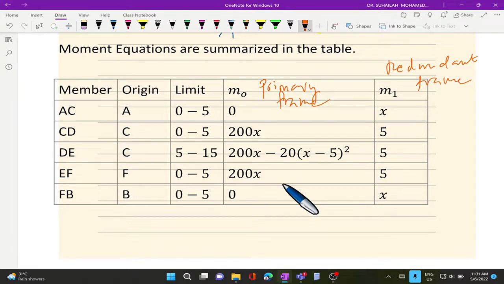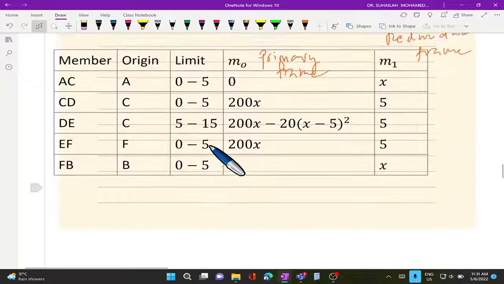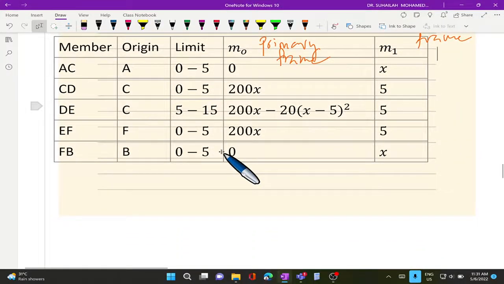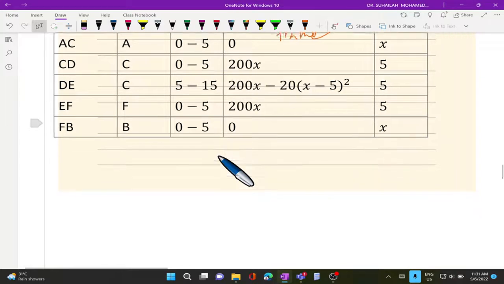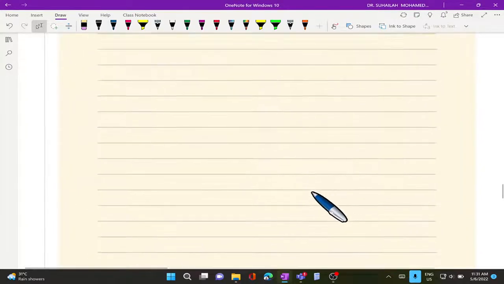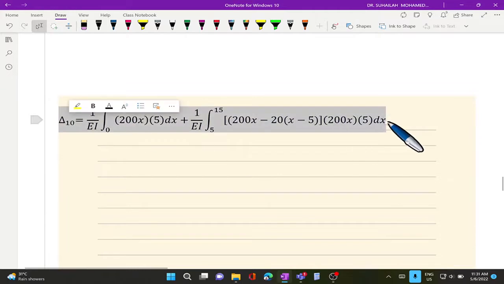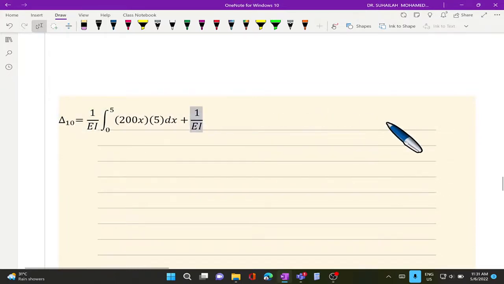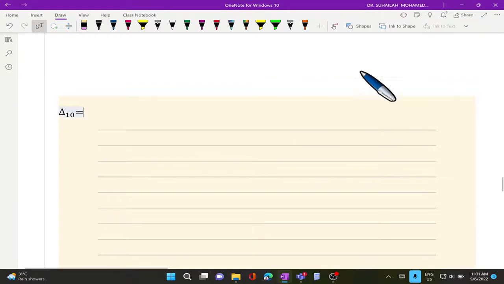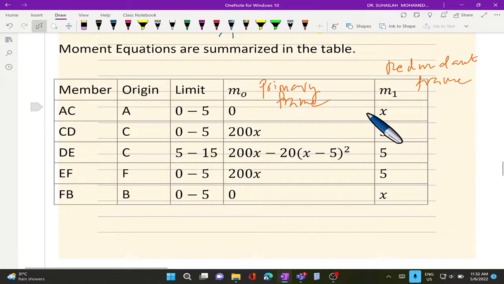From this, we just need to substitute into the formula. We can do it directly. Just put the value. We have delta 1 naught, so AC and SB, we don't need to consider because we times with 0, we get 0.